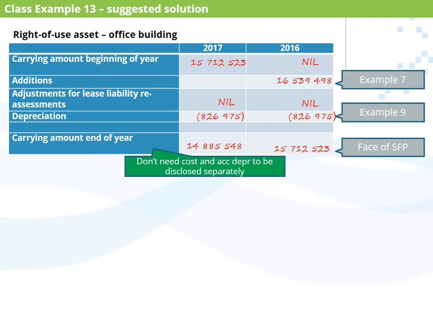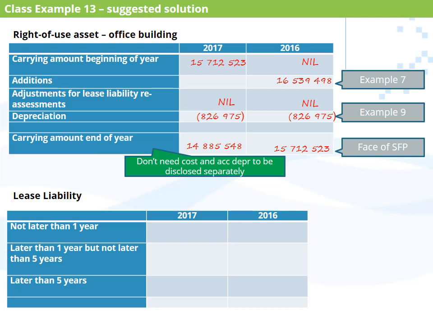Then the next note that is applicable for this lease agreement is the lease liability. Now, if you can see on the left-hand side of this note, it's split out into a maturity analysis. This maturity analysis was provided in the question.